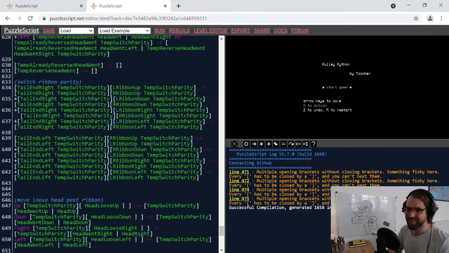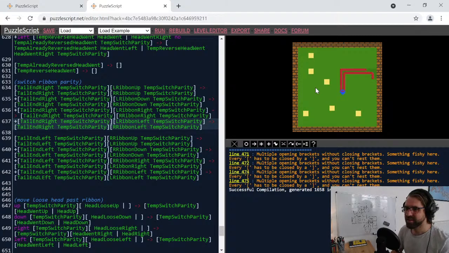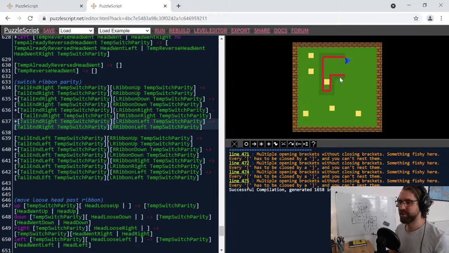Temp switch parity. Oh gosh. Right, so if you disconnect, then jump into it, then this now needs to think it's the right hand side, this now needs to think it's the left hand side. So it has to do something. Ugh. Yeah, did you figure out where you could go with this? I guess not. That's probably why you stopped. Or did you stop because the code was horrible?